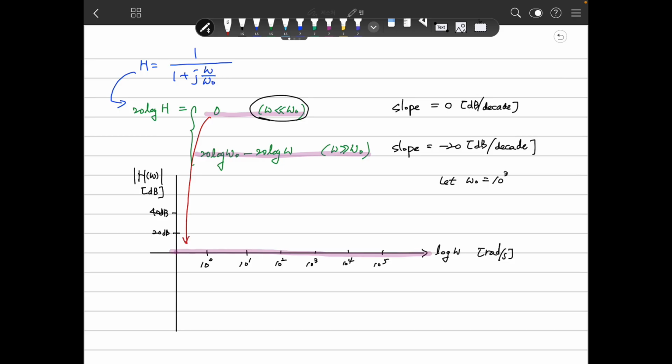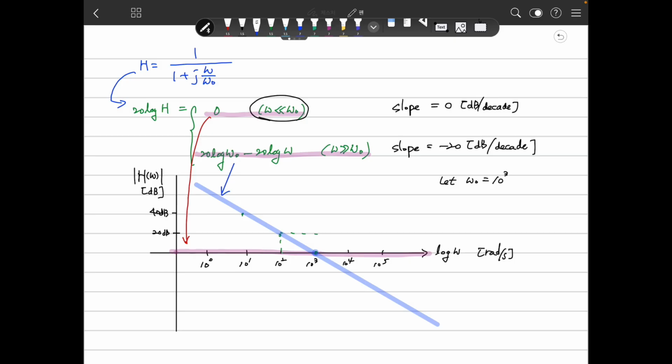Okay, this is that thing. And if omega is omega 0, let omega 0 be 3 here, then that point is zero. But the scale is here and here and here. So it can be redrawn in this manner.